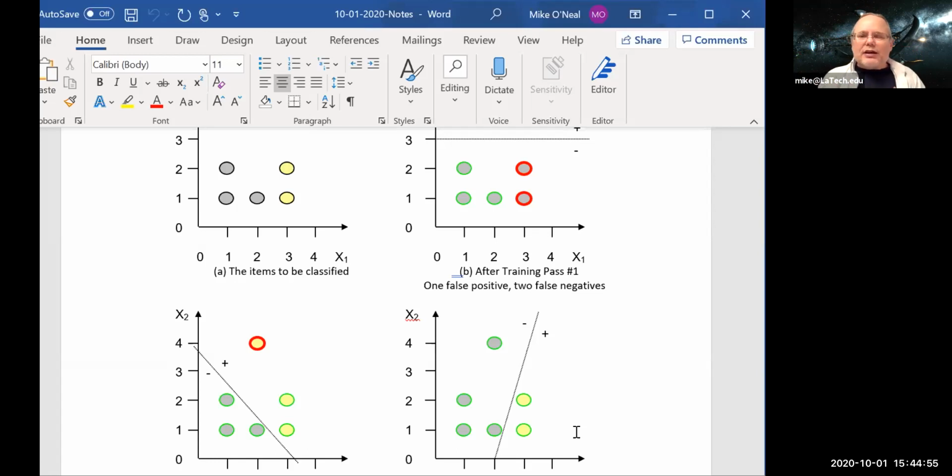For two inputs, as we can see right here, you can plot your entire space on a two-dimensional grid, and in that case, your decision surface is a line, and we're just changing the orientation of that line.